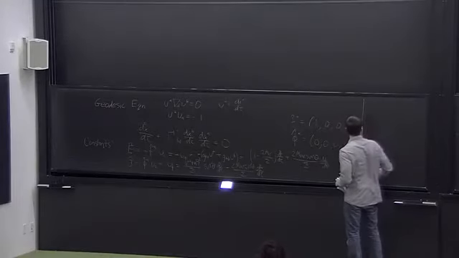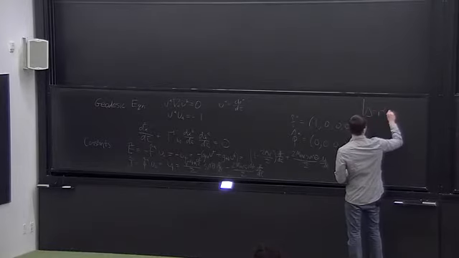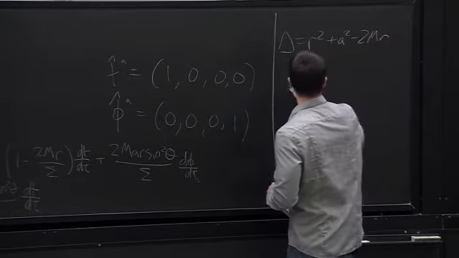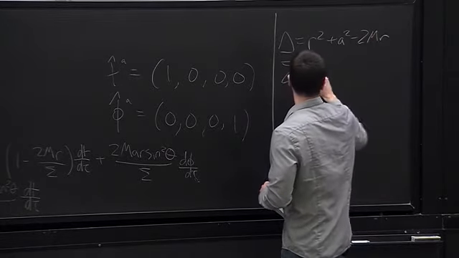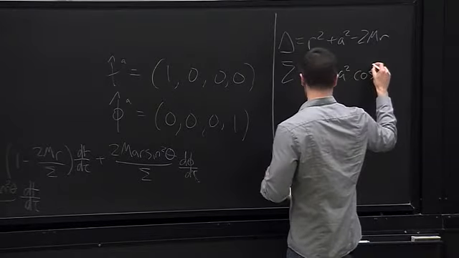Just to remember, delta here is just r squared plus a squared minus 2mr, and sigma is r squared plus a squared cosine squared theta.